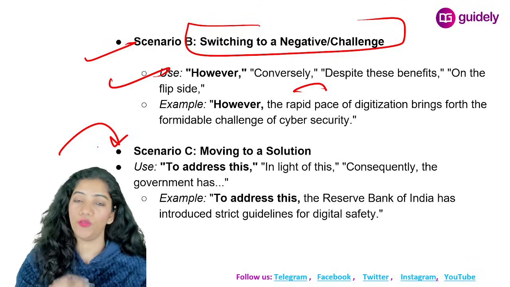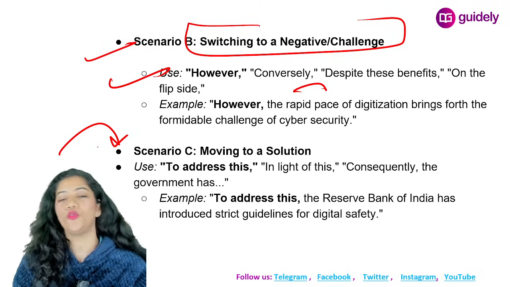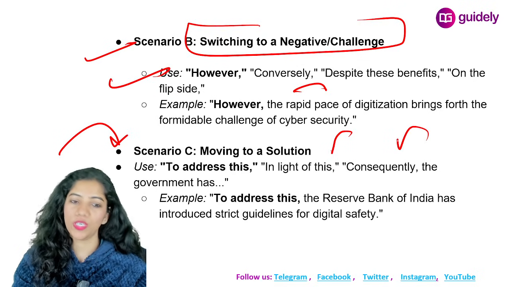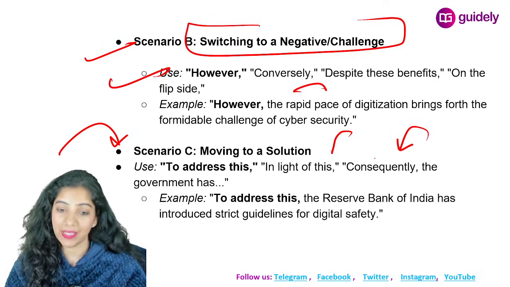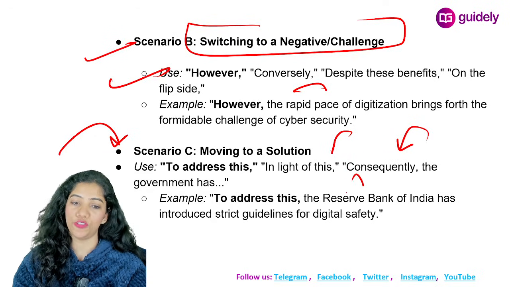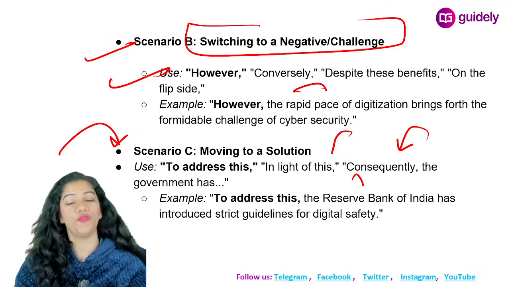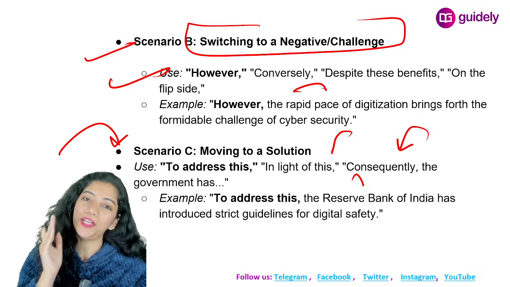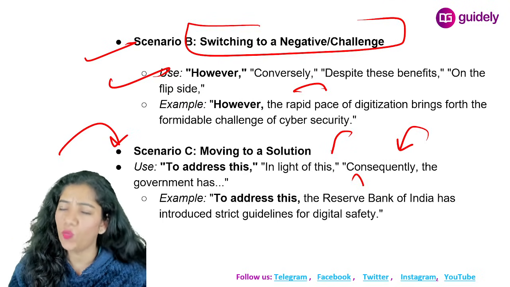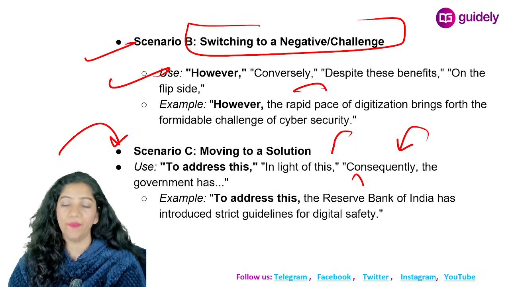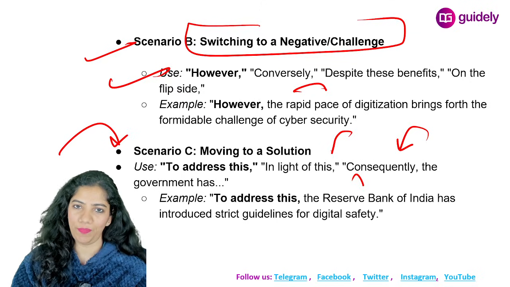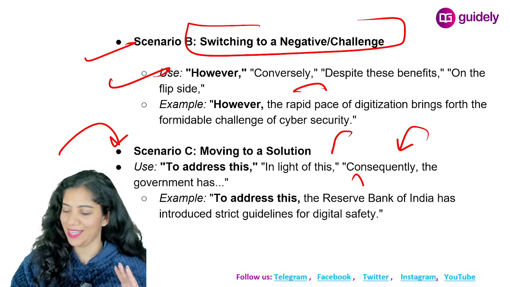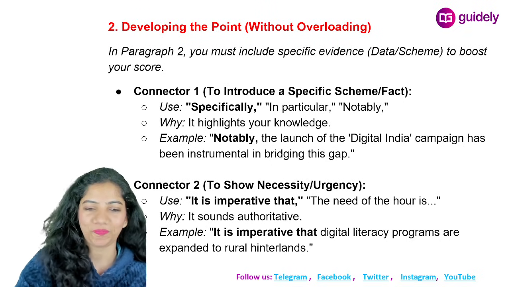Scenario number 3, if you are moving to a solution to address this problem in light of this, consequently, the government has. So, to address this, the Reserve Bank of India has introduced strict guidelines for digital safety. Can you see all the kind of descriptive essays, like whatever you are going to get in your exam, you have these templates. Just put the words and make your essay effortlessly.